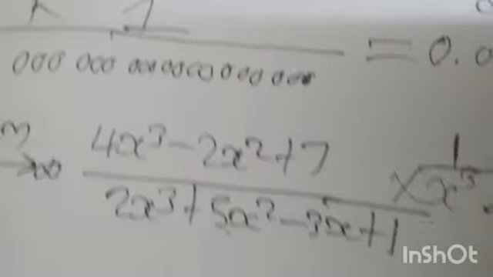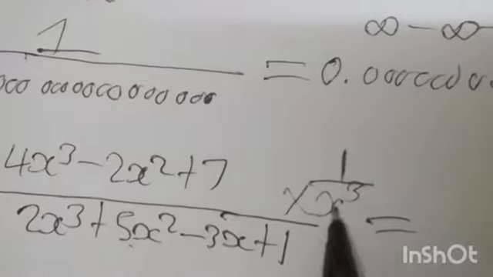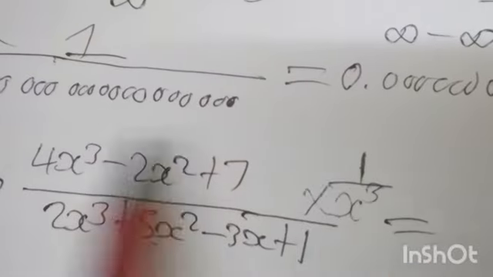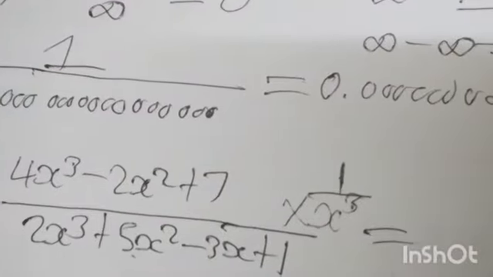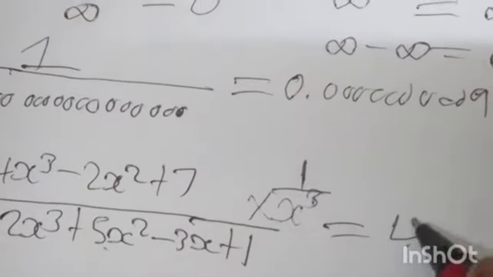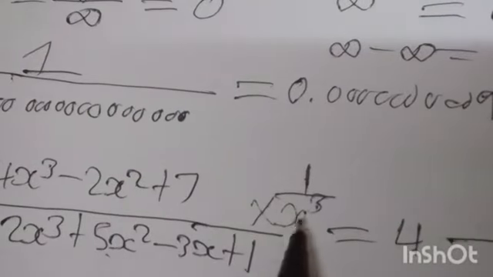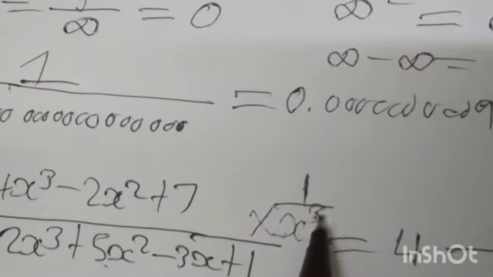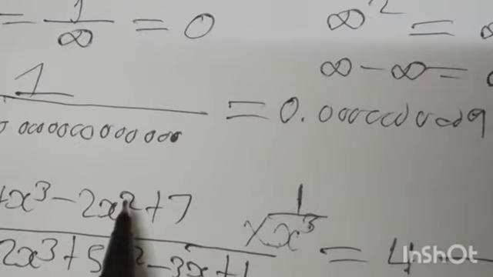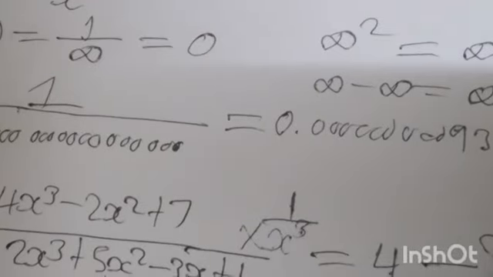For now, let's not use the limit. First, let's just find the answer, then we come back to the limit. So 4x to the power 3 over x to the power 3: the x to the power 3 cancels out, so you only remain with 4. Minus 2x squared over x to the power 3: the x squared cancels, so you only remain with 2 over x.